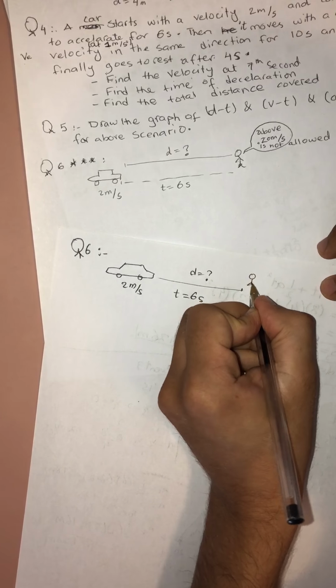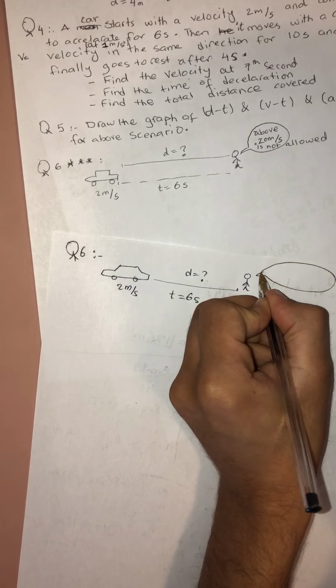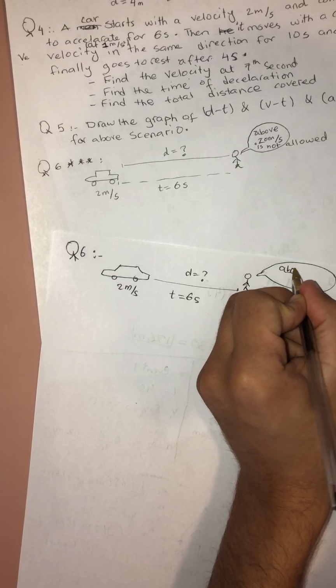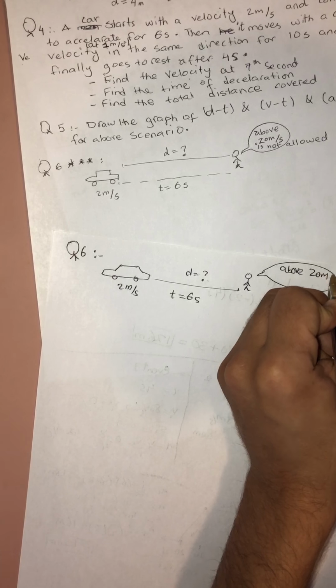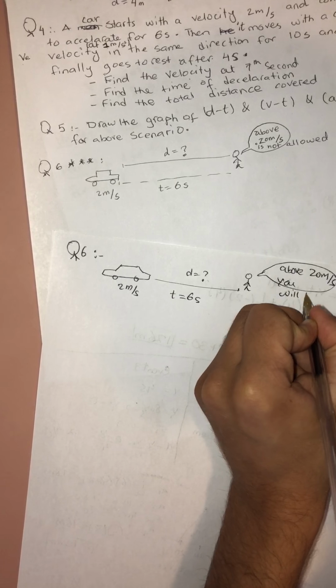And here is the policeman, and he has a condition. The condition is such that he says that above 20 meter per second you will be fined.